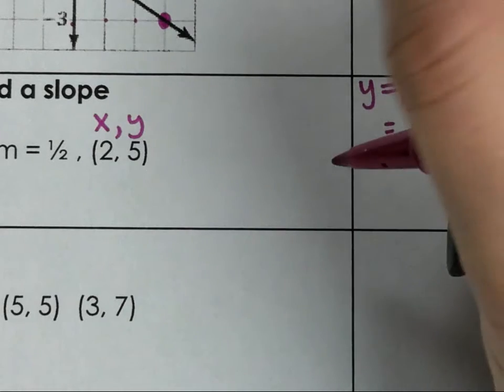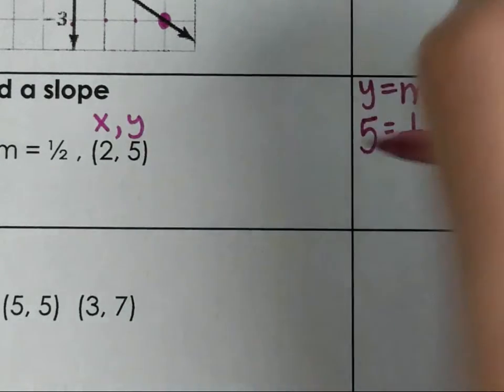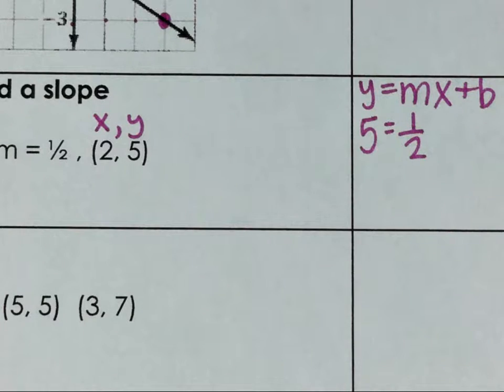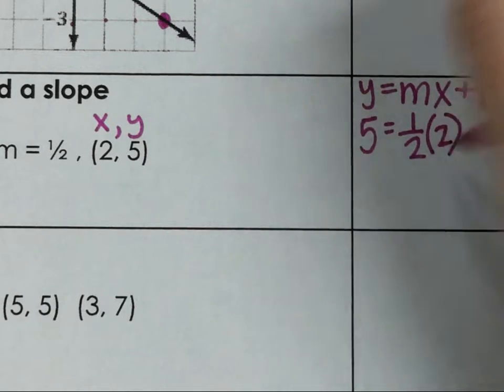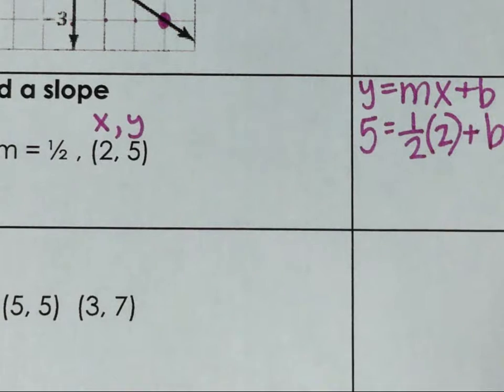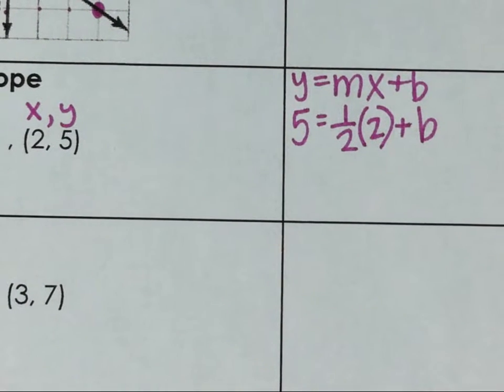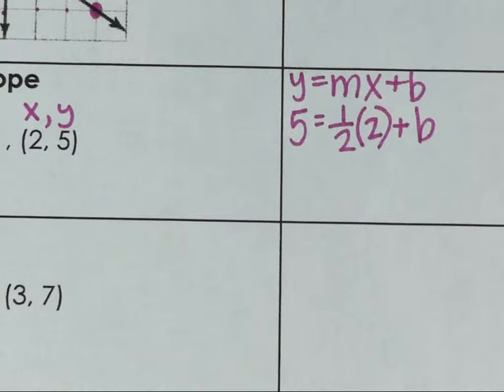So y equals, so 5, my y is 5. So 5 equals 1/2, and then I'm going to plug in my x. What was my x? 2. So that means I have 1/2 times 2. I don't know my b, so plus b. So now I have 5 equals 1/2 times 2 plus b.